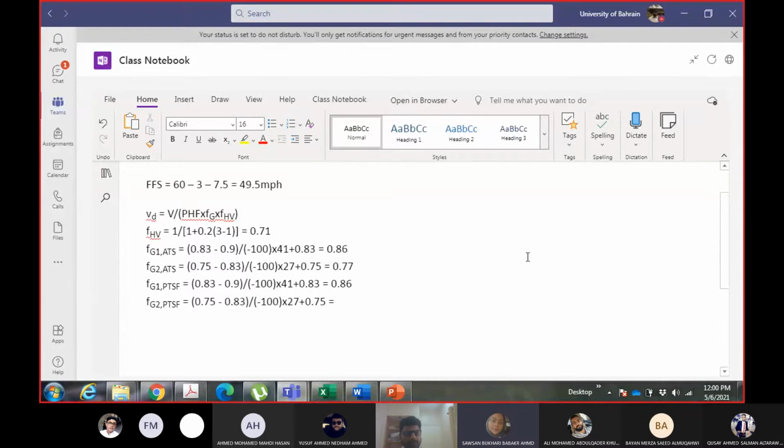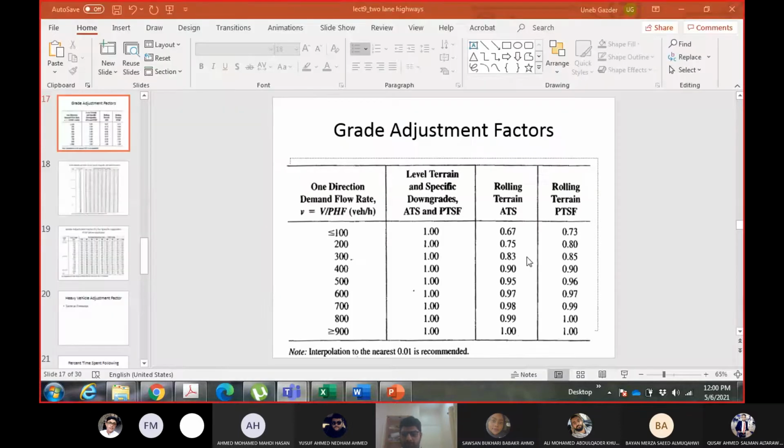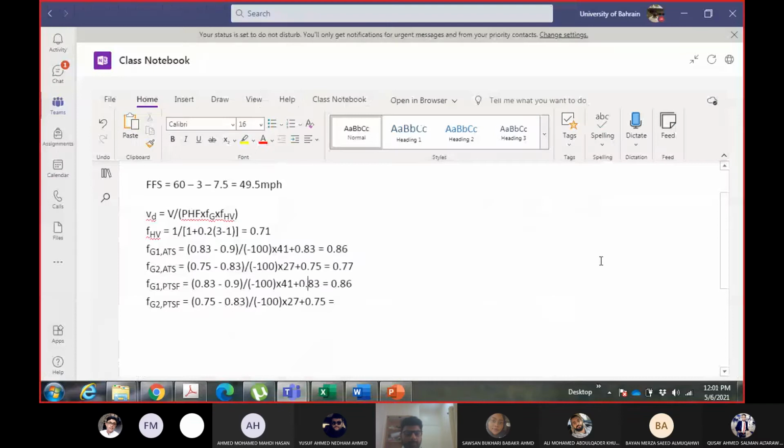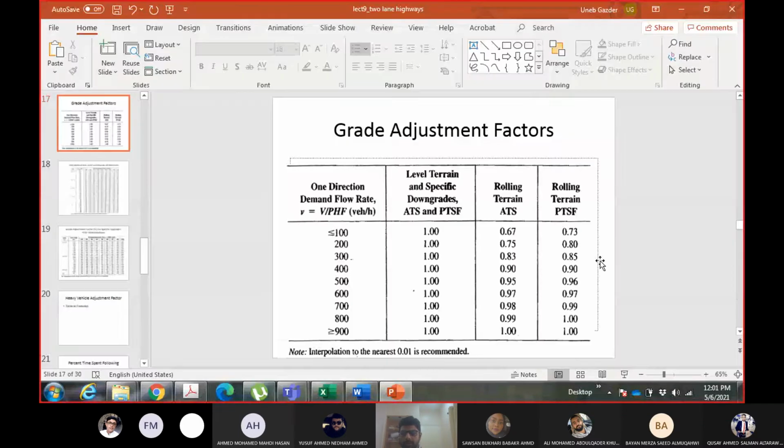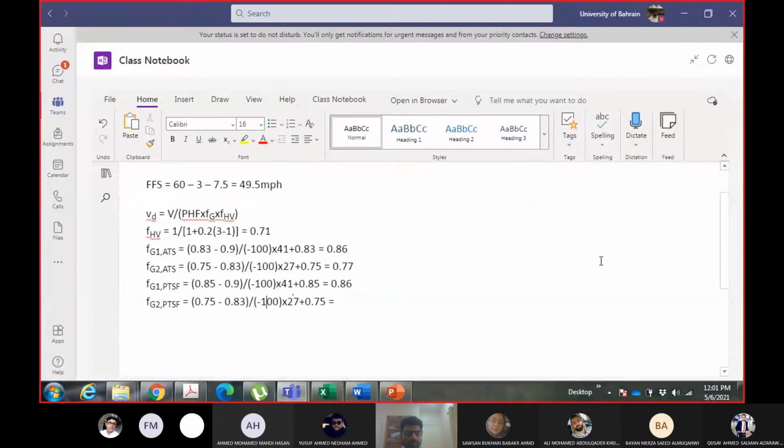0.77. Then for PTSF, I will take the values from here. So 0.85 and 0.9, and for the other direction 0.8 and 0.8.